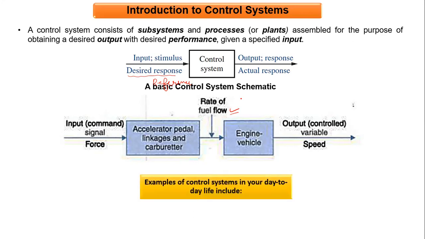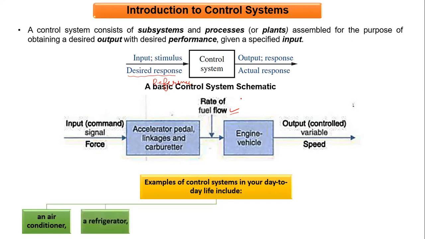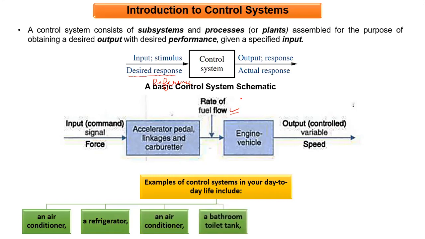So yes, that means the system has an output for a specific input, a specific command. Now, what are the various examples of control systems associated with our daily life? We have an air conditioner, which is one example of control systems. Then a refrigerator. Then a bathroom toilet tank.